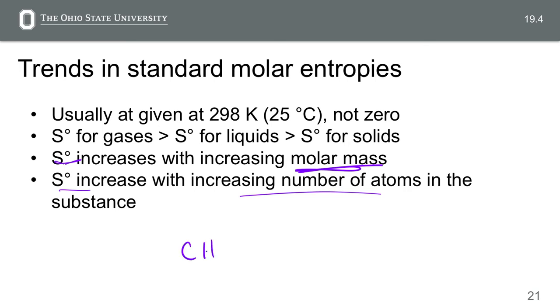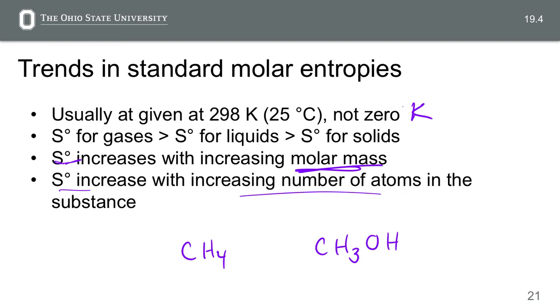So for instance, methane will have lower entropy than methanol, something like that. Okay? So you're asking why is it not a 0? I think it's because this is relative to 0 Kelvin.